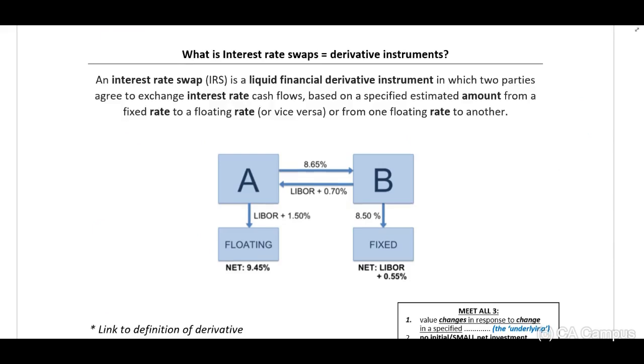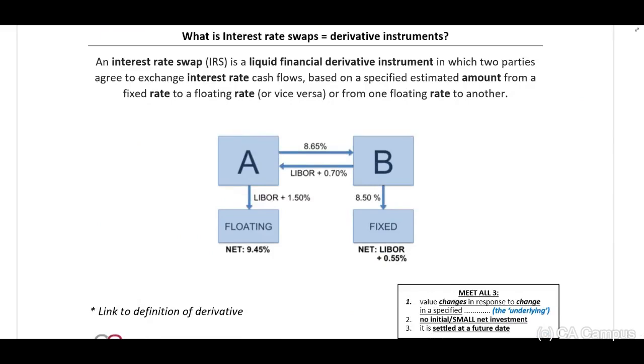Then number 3, our interest rate swap. What is an interest rate swap? This is a liquid financial derivative instrument in which there will be 2 parties that agree to exchange interest rate cash flows based on specified estimated amount from a fixed rate to a floating rate or vice versa.